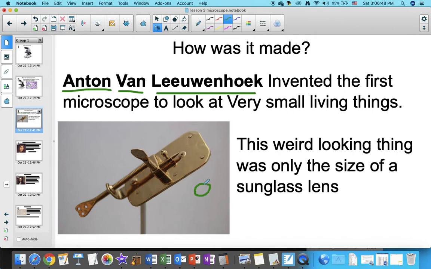If I were to draw a very bad eye, it would look through this small pinhole, and whatever he was looking at was right there. He'd place it really close to his eye, and he would look at very small things. So this was arguably one of, if not the first, microscopes made by Anton van Leeuwenhoek.